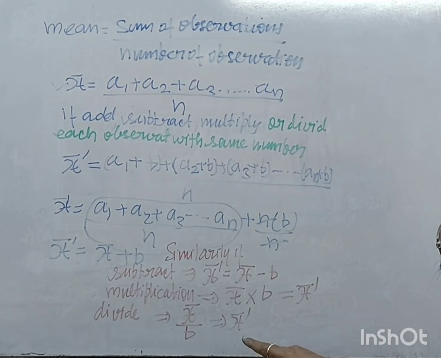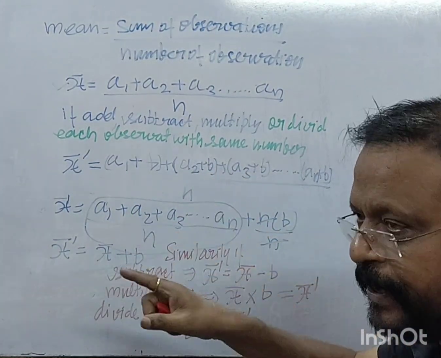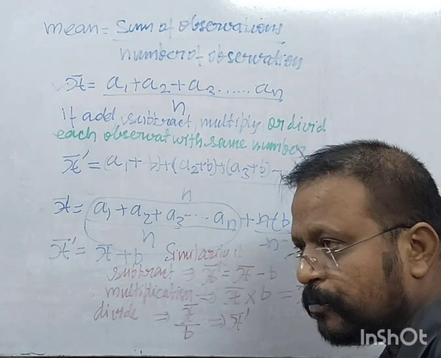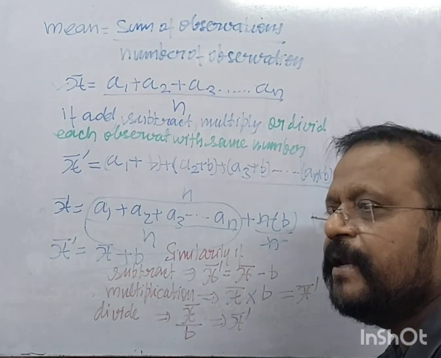You get this? Do you understand me? कि if same number we are adding, subtracting with all observations, then it will be added in mean also.